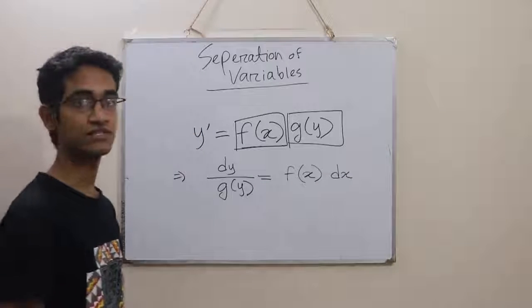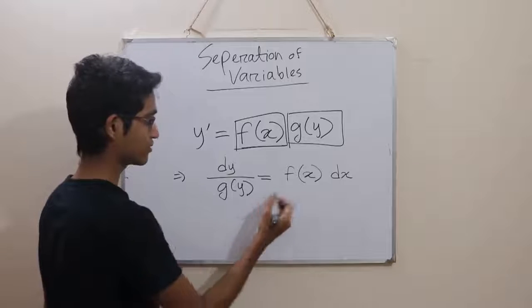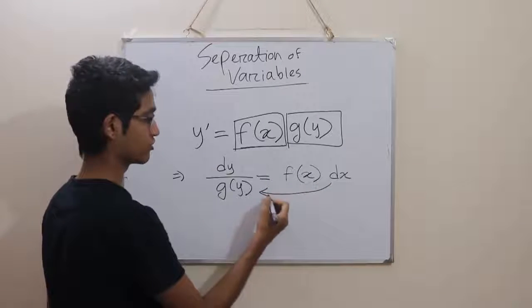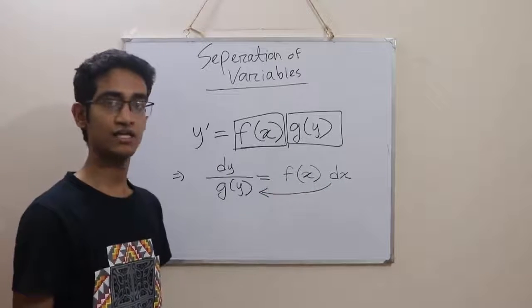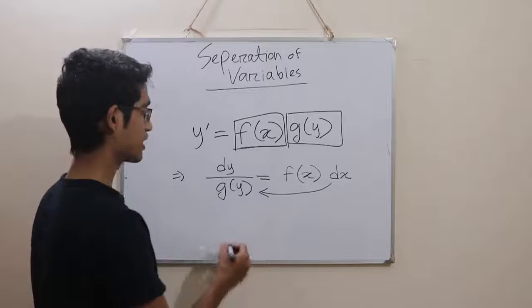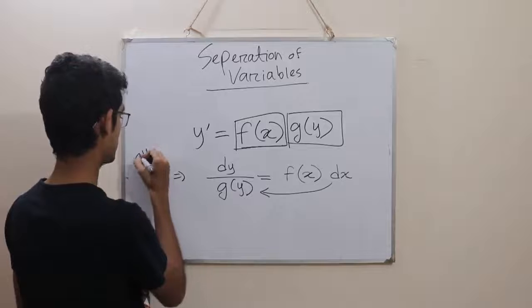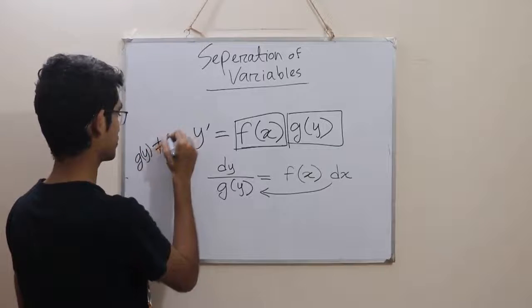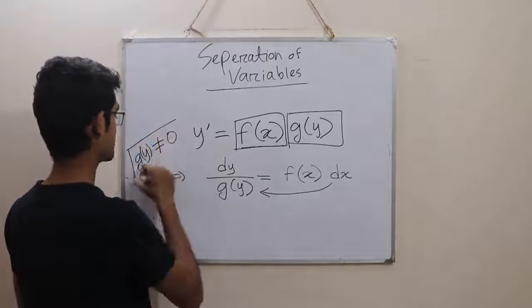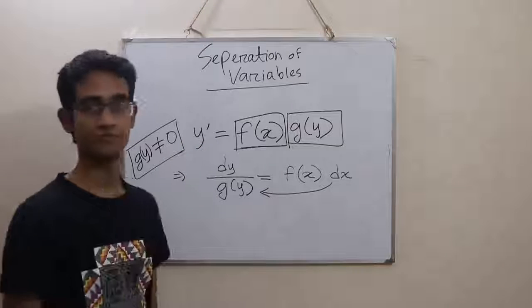Now we can see that we have brought g of y over to this side, and as I have said earlier, we have implicitly made the assumption that g of y is not equal to 0.